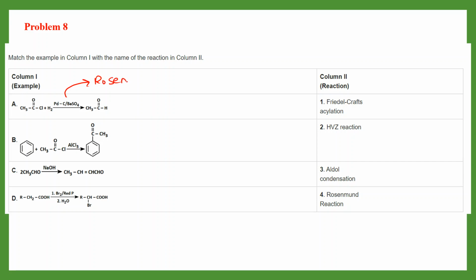We can call it Rosenmund reduction also, since there is addition of hydrogen. Okay, this is poison, this has been used here as a poison just to decrease the activity. This is your famous, tell me, Friedel-Crafts acylation. So let's match.